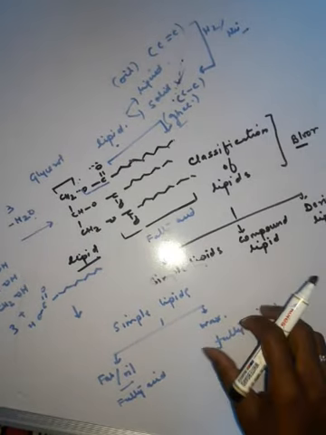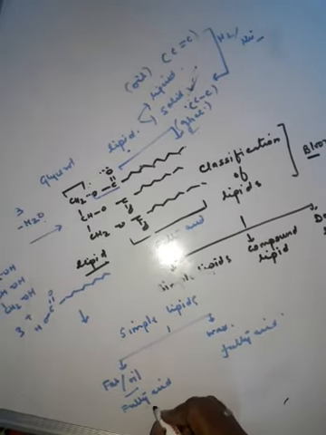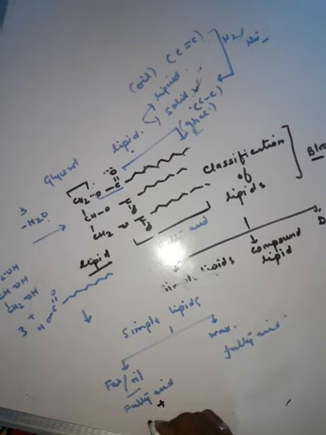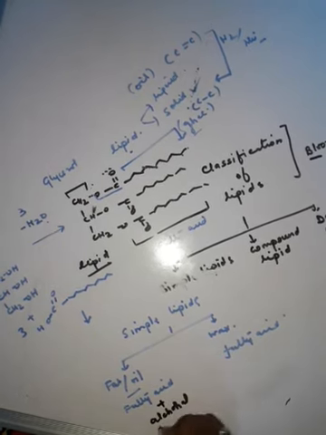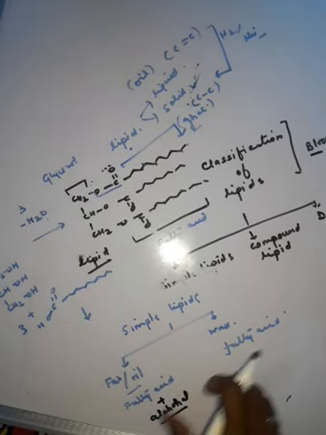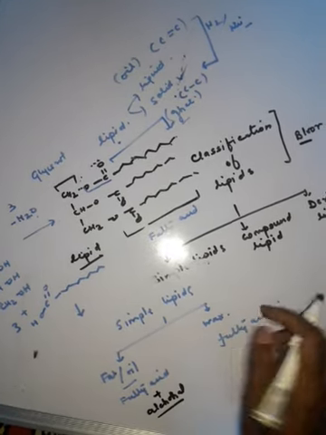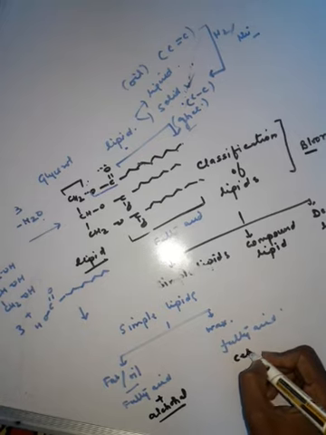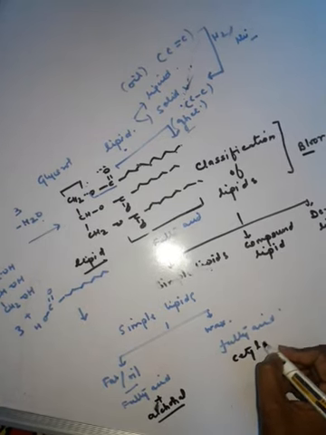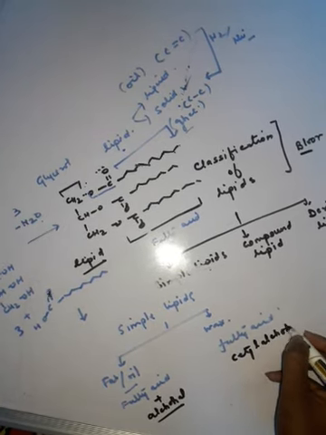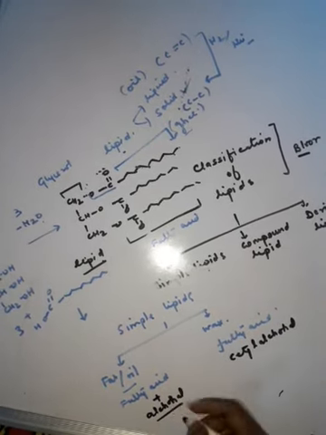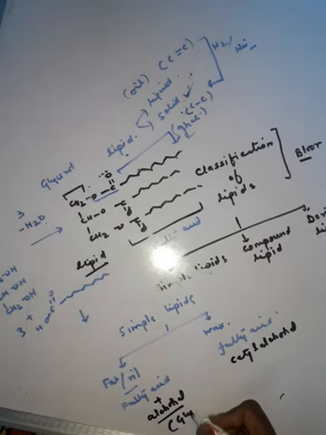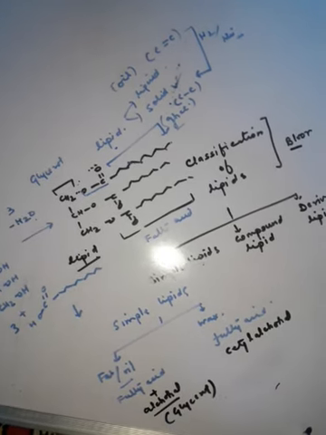Fatty acid is common in both, but the alcohol may be different. If you see here in wax, which alcohol? In this, cetyl alcohol is used, but in fats, glycerol is used.